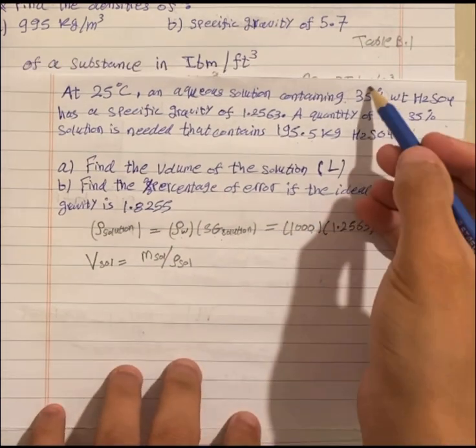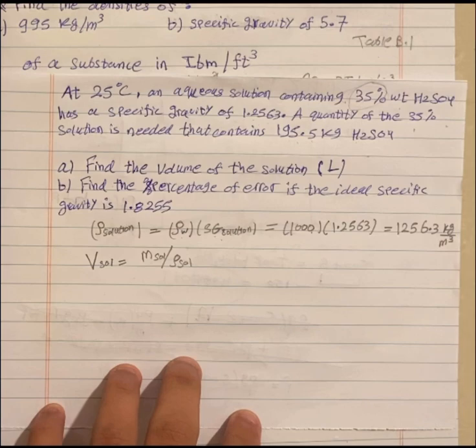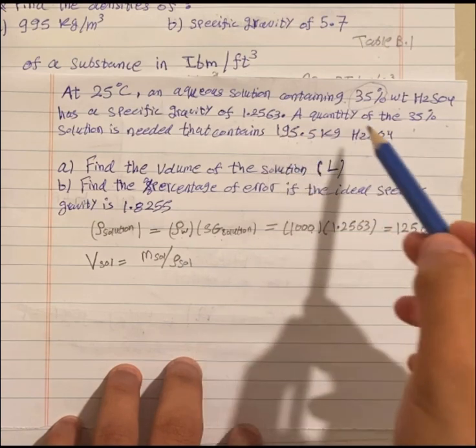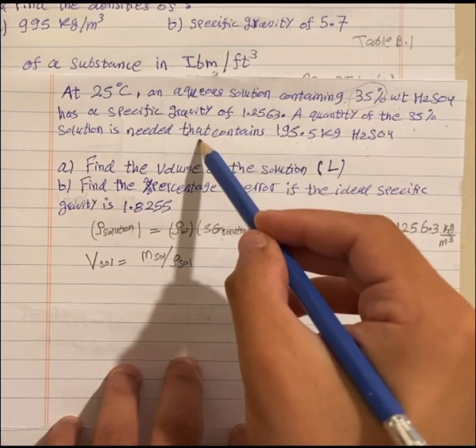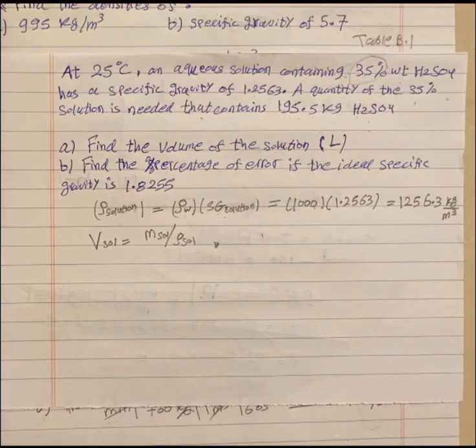If you notice here we have 35% weight of H2SO4. We can use 35% weight of H2SO4 along with the amount of the mass of H2SO4 in the container to find the total mass of the solution. This is the reverse of what we have done before in the previous video.